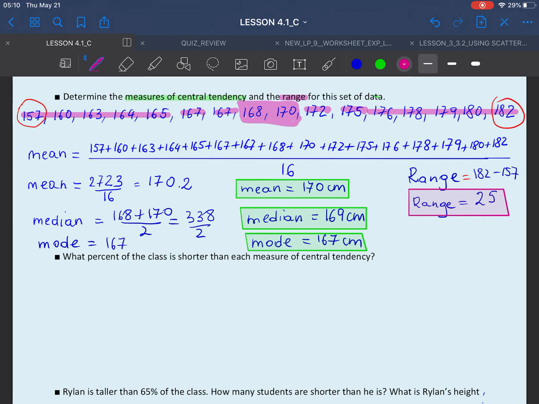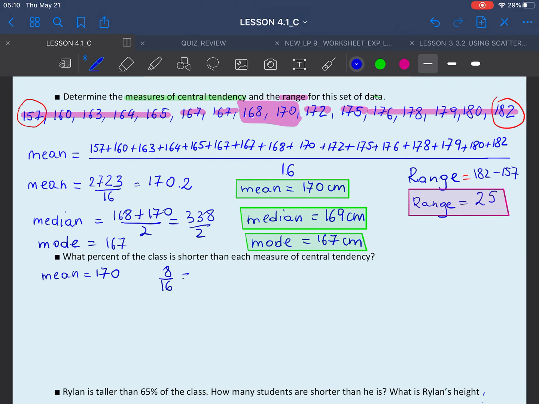So we're going to start with the first measure of central tendency, which is the mean. Now, as we said, the mean is 170, which means we have to find out how many people are shorter than 170. Keep counting then. 1, 2, 3, 4, 5, 6, 7, 8. So 8 people would be below 170.